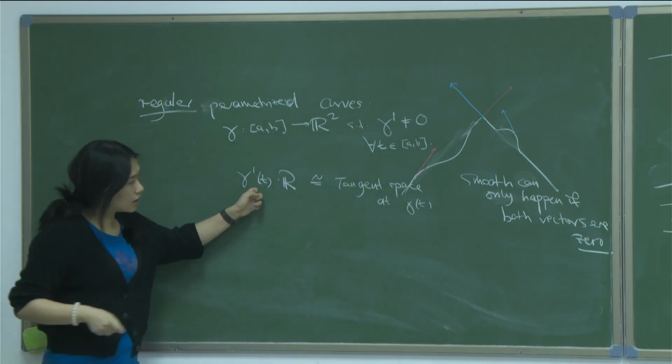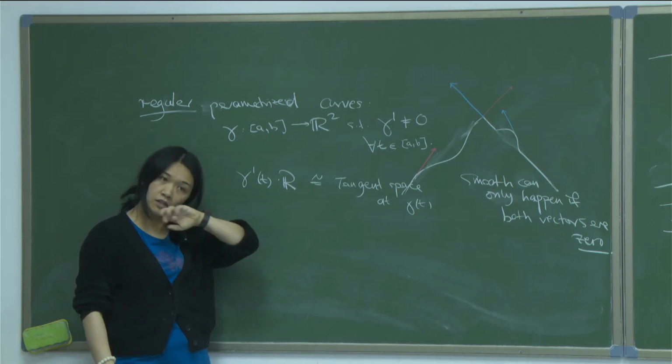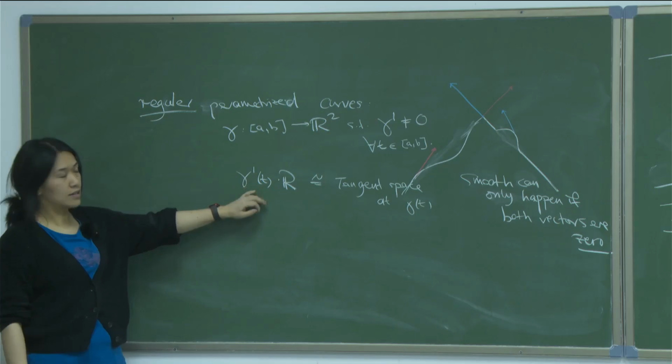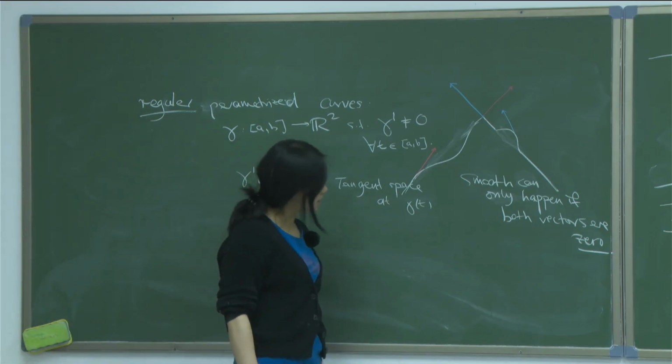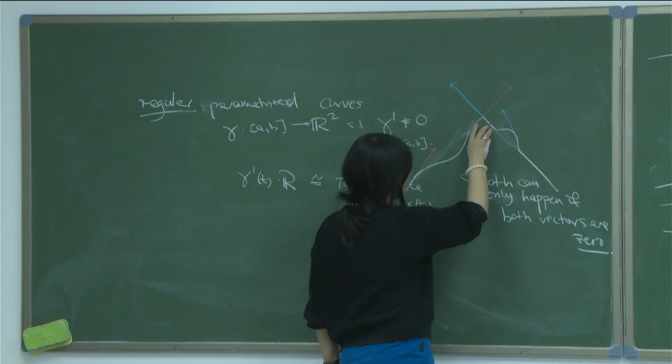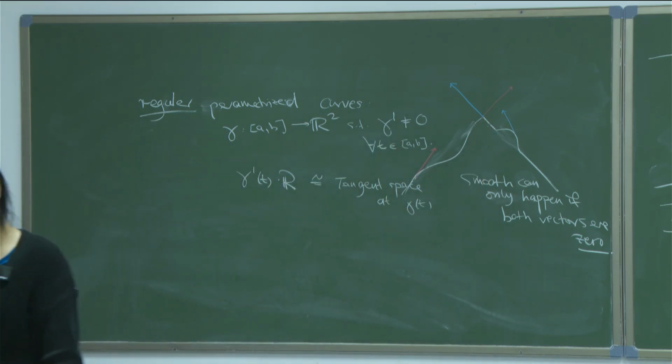And if that is 0, then the tangent space is just not defined. Of course, you can have this be 0 at some point, but if it's not 0 elsewhere, then it's also defined, I guess. But if you really have a corner here, every derivative must be 0.